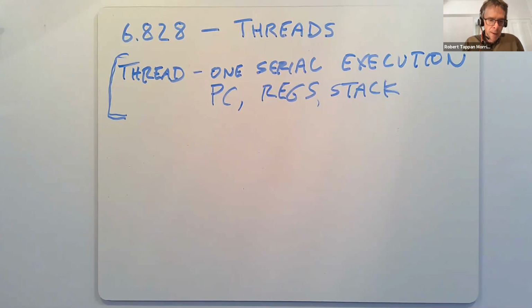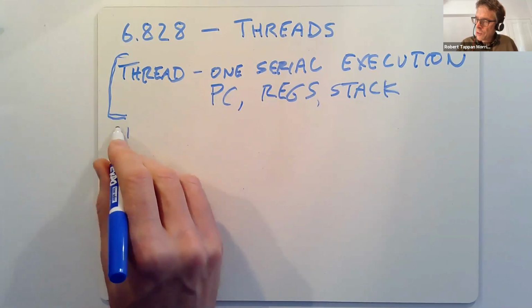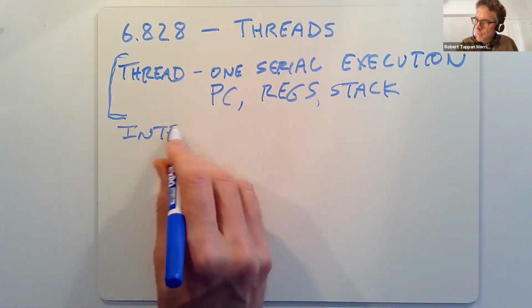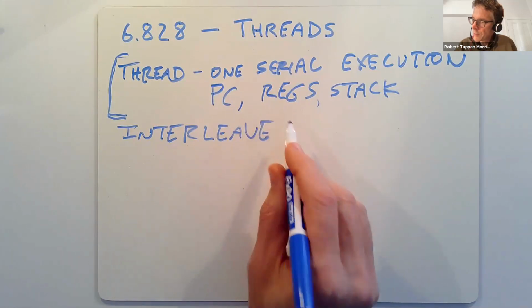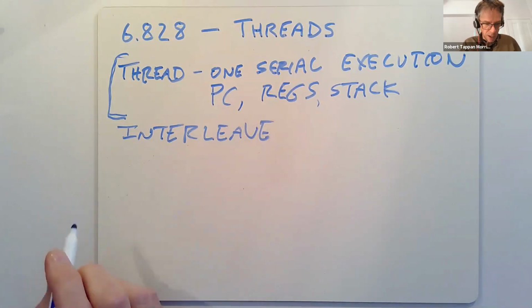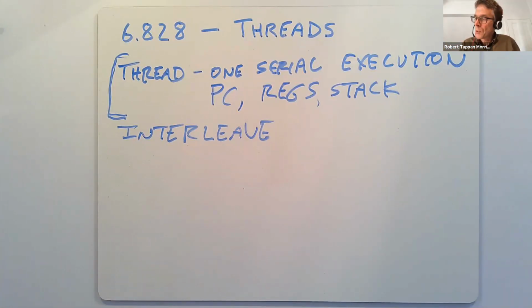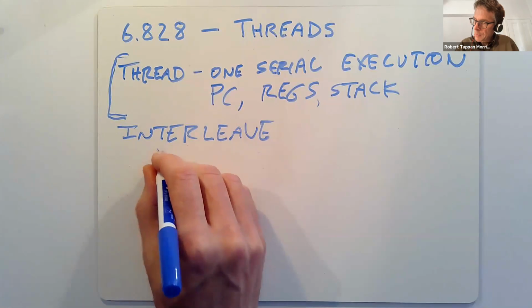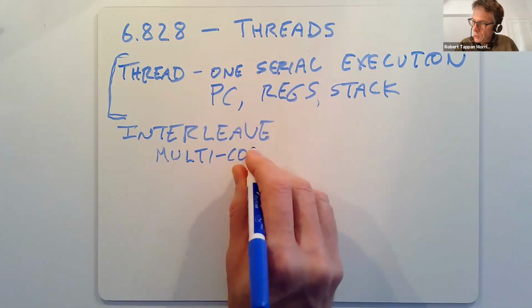And there are really 2 main strategies. So we want to interleave, and this is going to be a big topic here: how to interleave many threads. One way to interleave the execution of many threads is to have multiple CPUs, maybe as on a multi-core processor.